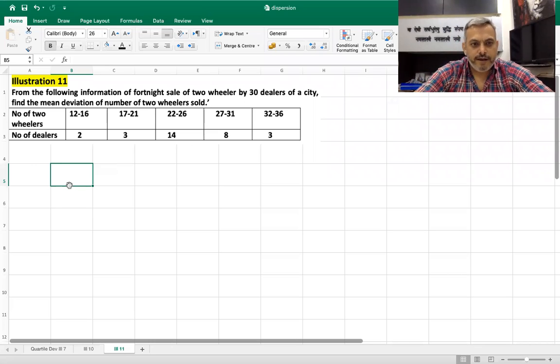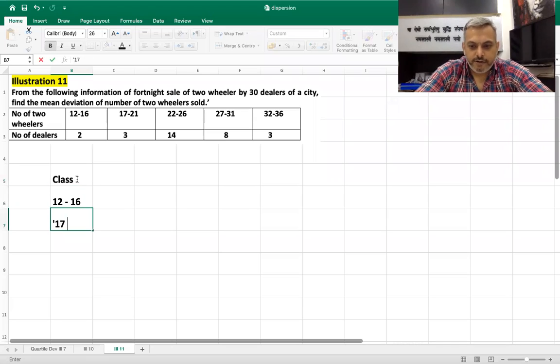Now the number of two-wheelers, so our classes are 12 to 16, 17 to 21, 22 to 26, 27 to 31, and 32 to 36.